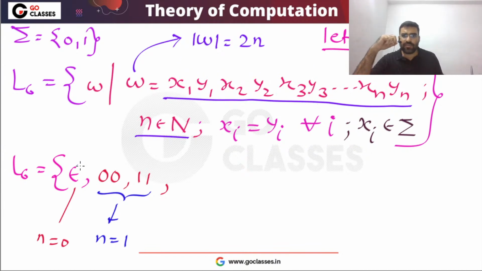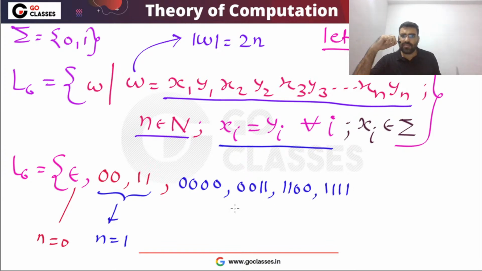If I put n equal to 2, then I will get 0, 0, 0, 0; 0, 0, 1, 1; 1, 1, 0, 0; and 1, 1, 1, 1.